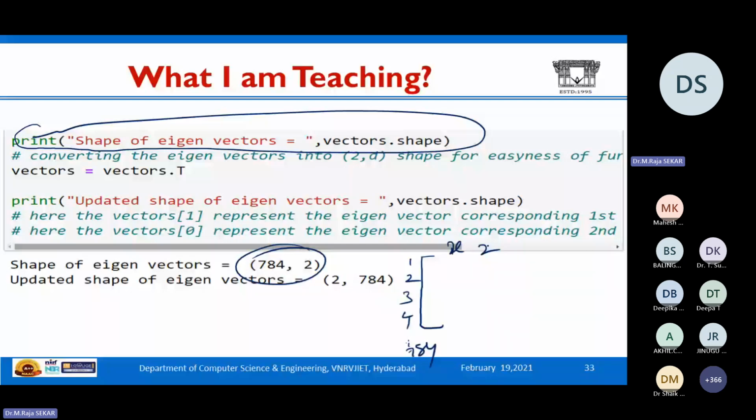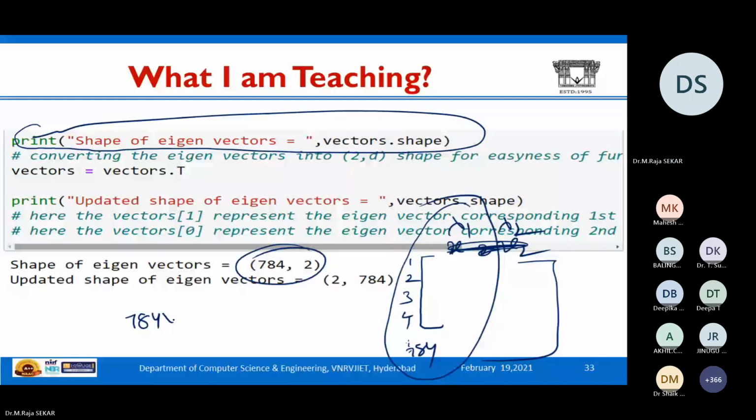Let me say V1 and V2, or lambda 1, lambda 2. This first one is a 784 by 1 vector, and the second is another 784 by 1.